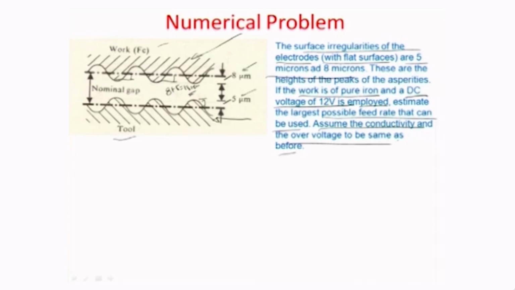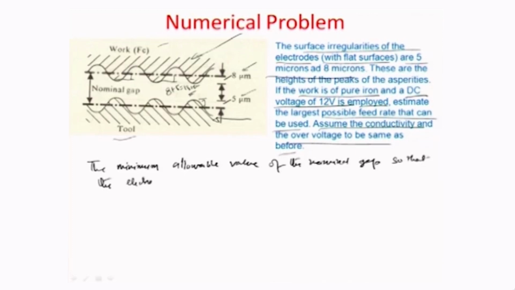So, here the minimum allowable value of the nominal gap so that the electrodes do not touch each other is about 13 microns.